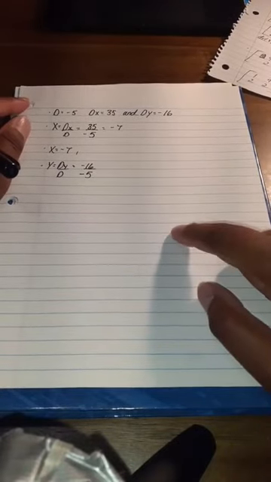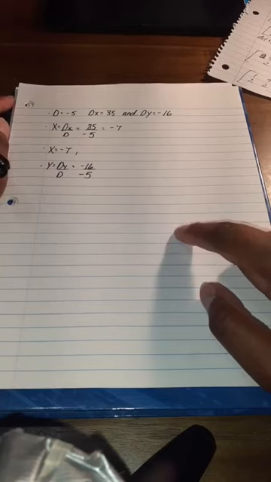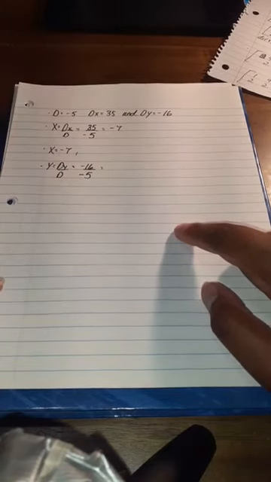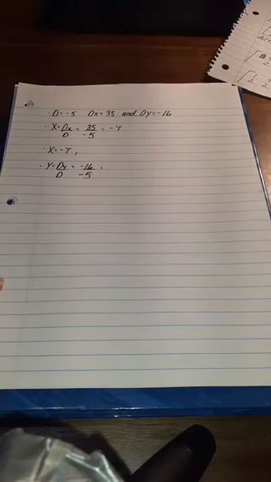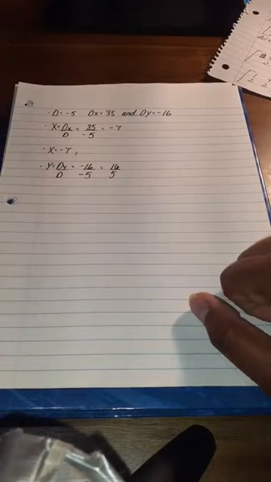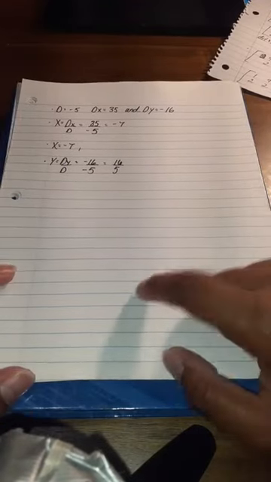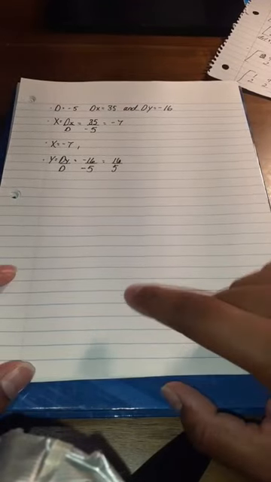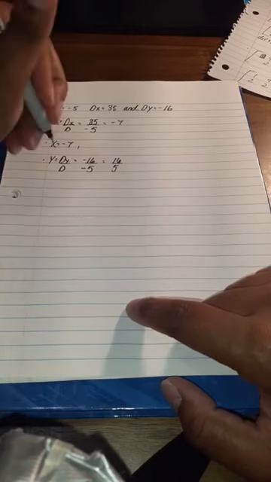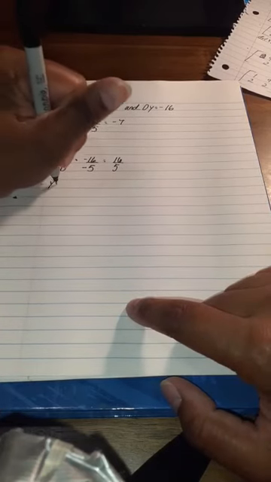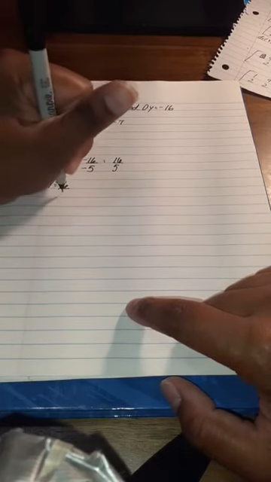The only way we can get 5 is multiplying by 1. So in this particular case, the only thing we really need to do is just change the sign. So this would just be positive 16 over 5, because we can't reduce 16 over 5 because 16 and 5 have no common factors. So we have to leave it alone. So therefore we can say that y is 16 over 5.